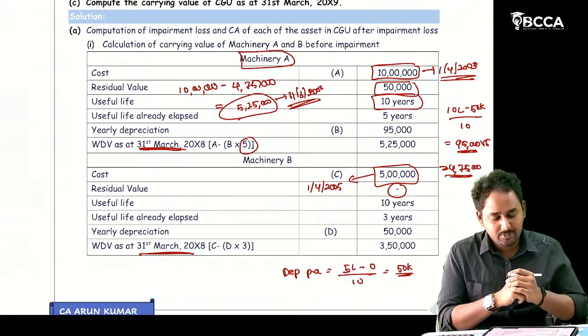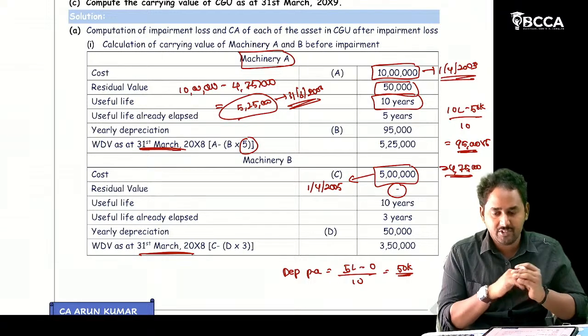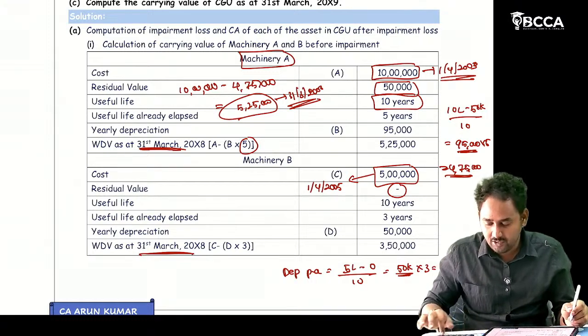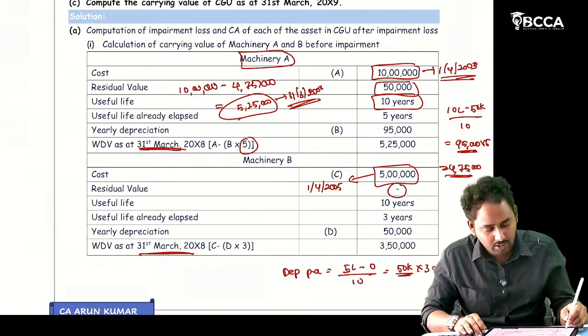This is the depreciation per annum. So I need to provide the depreciation for 3 years. So depreciation for 3 years equal to 50,000 into 3, which is 1,50,000.